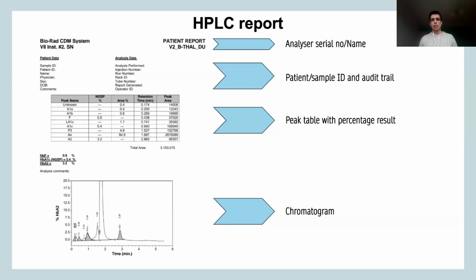The next is the peak table with the percentage results. You're going to see that there are multiple columns, but in essence, it's just the second and the third column. The reason they are separated is that the second column gives you the calibrated peaks, which we need to calibrate every so often, and the rest is just quantified in the third column.